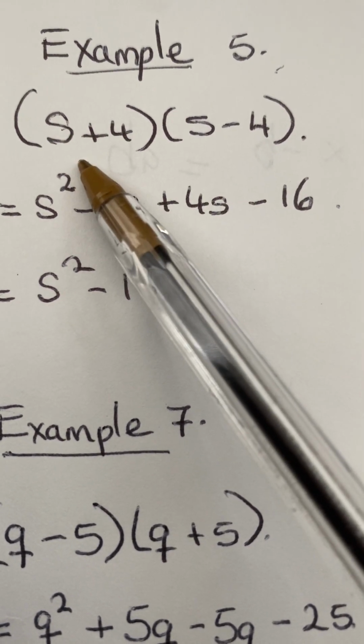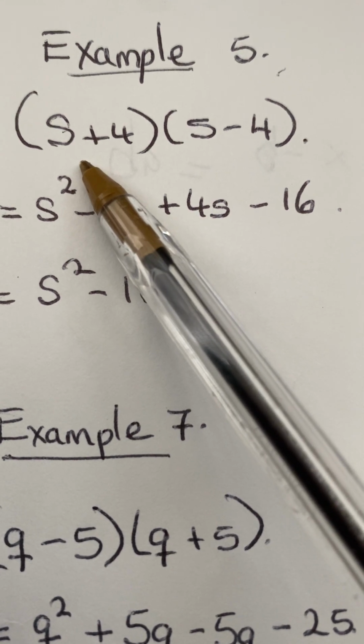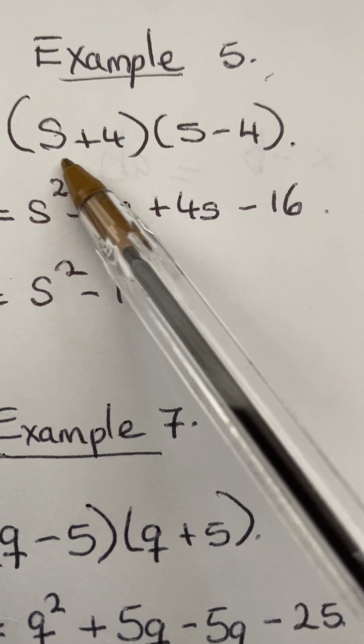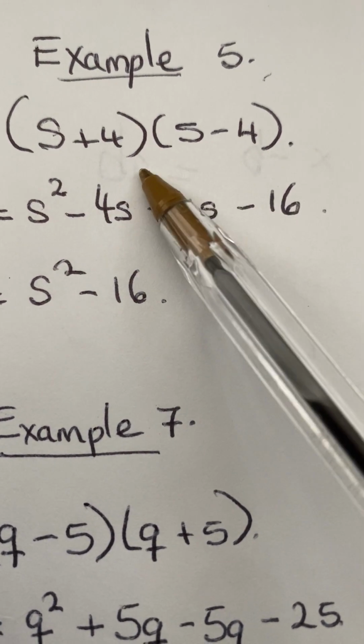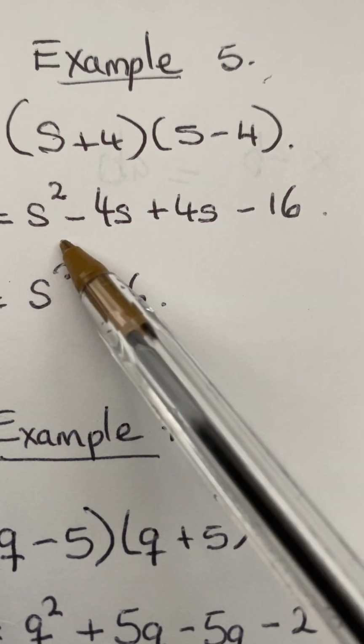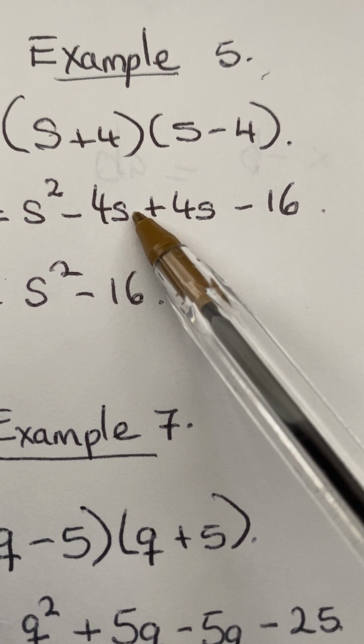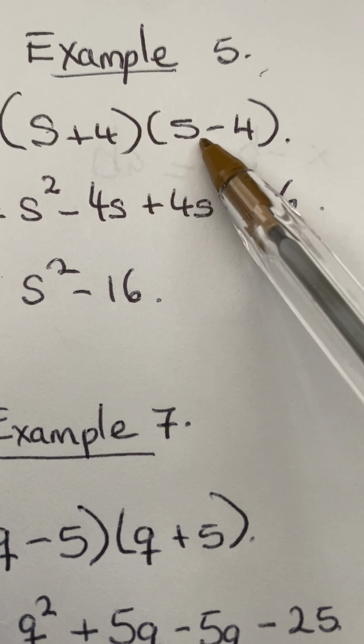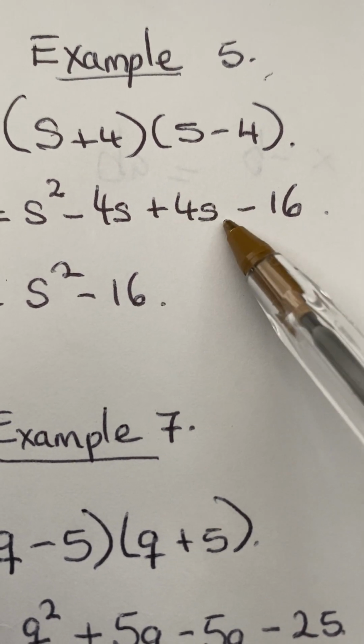So x times x is x squared. X times -4 is minus 4x. Plus 4 times x is plus 4x.